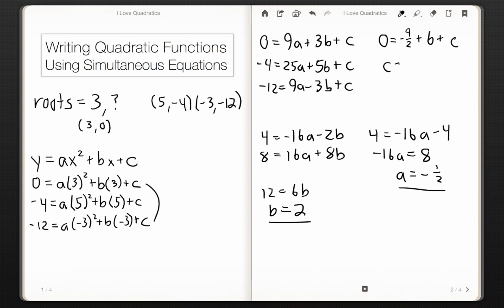So c is, if we move it to the other side, negative 3 over 2. There we go. We have a, b, and c. So substitute that back into the standard form equation, and we will get y equals negative 1/2 x squared plus 2x minus 3 over 2. So just using a root and 2 other points, we got the equation.